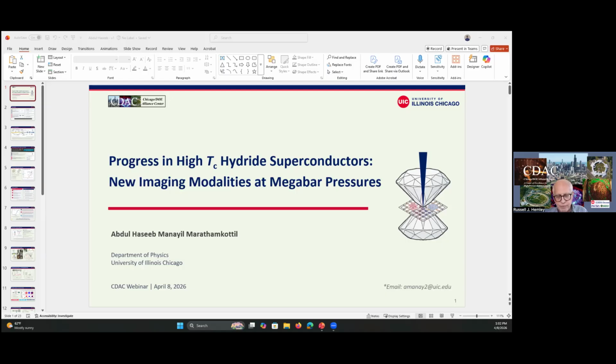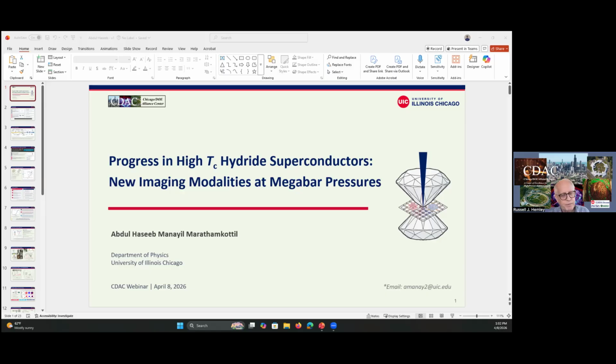Abdul also has a lot of experience at other facilities, including Sandia, Oak Ridge, DESY, Brookhaven, and so on. Abdul received his bachelor's and master's in Mohali, India, where he worked on luminescent liquid crystals.